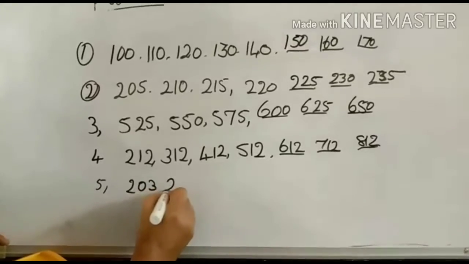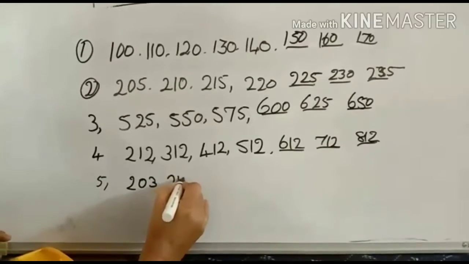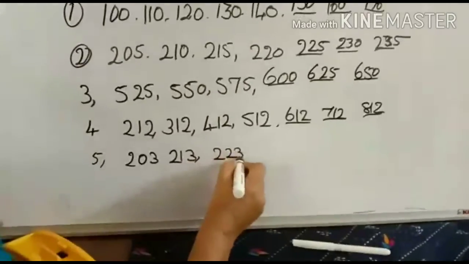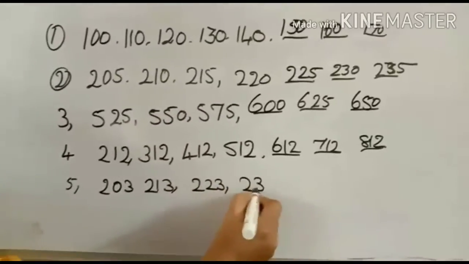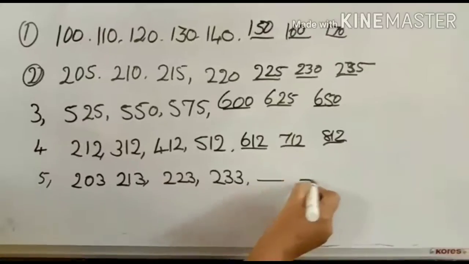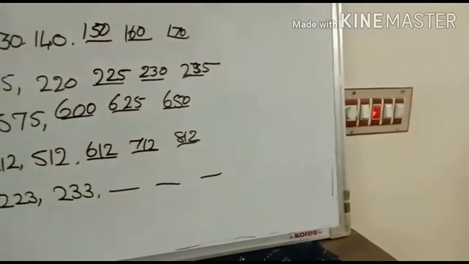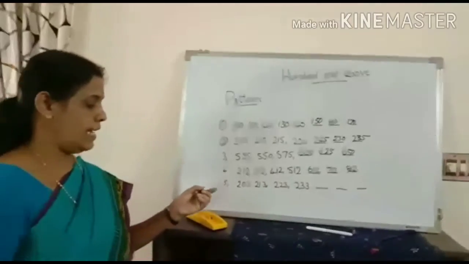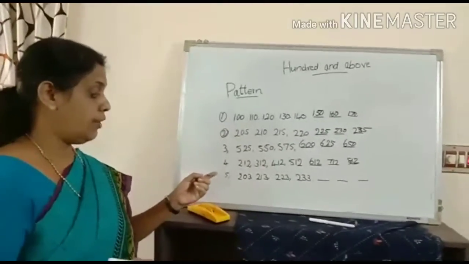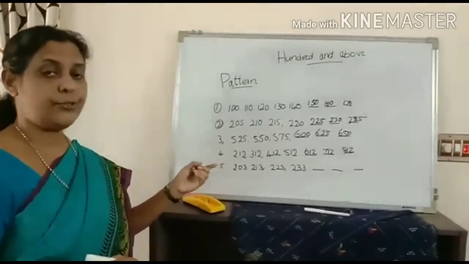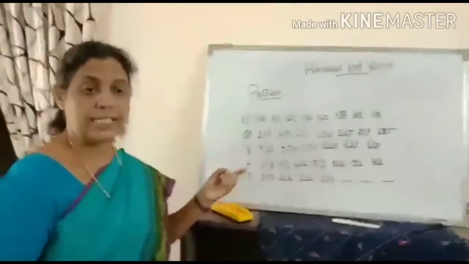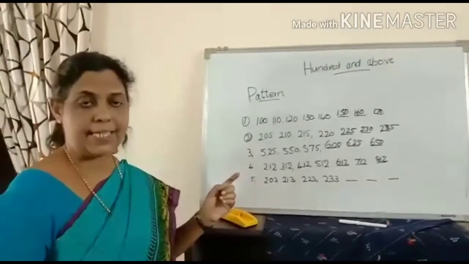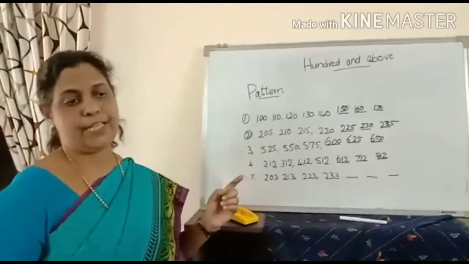203, 213, 223, 233, then dash, dash, dash. What is the difference here? What is the difference between 213 and 203? Who can say? Yes, 10 is the difference, isn't it?